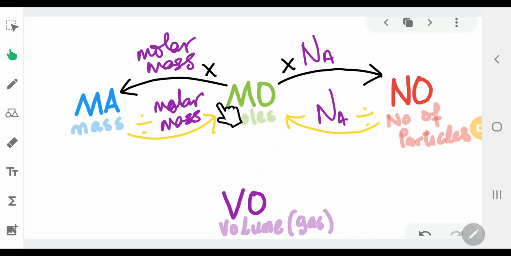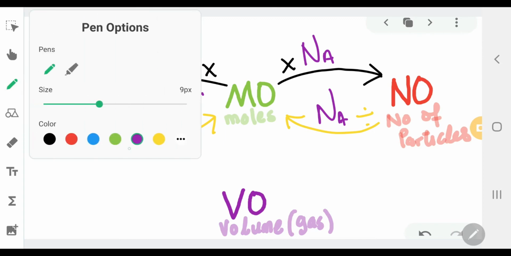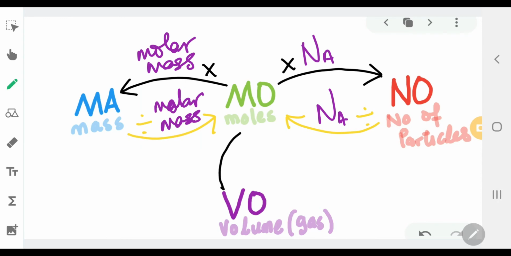For the volume of gas, it's slightly more, not complicated, but you have some additional things to consider. Still, it uses the same foundation: when you go out, you times, and when you go back to moles, you divide with a certain number.